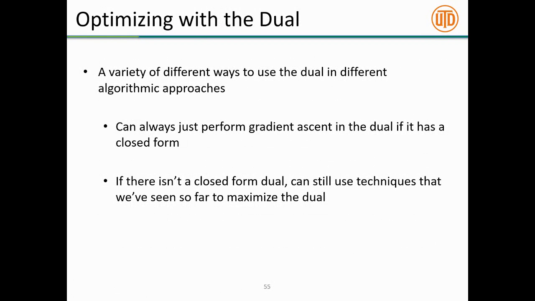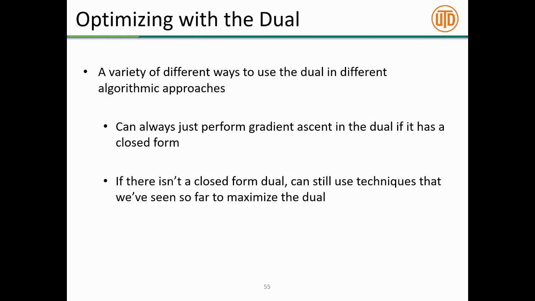The first and simplest way that you can use the dual in optimization, with respect to some of the algorithms we've seen so far, is that, as in some of the earlier examples we saw in class, if the dual has a closed form solution, you can just form the dual optimization problem and then directly apply whatever optimization strategies you want to optimize the dual problem.